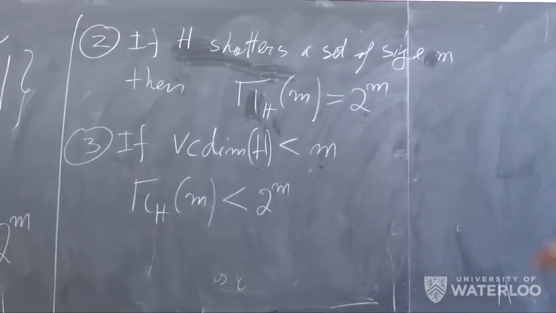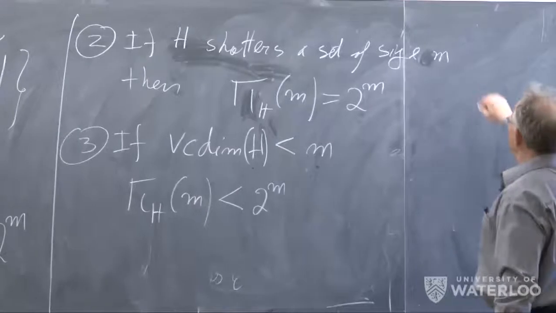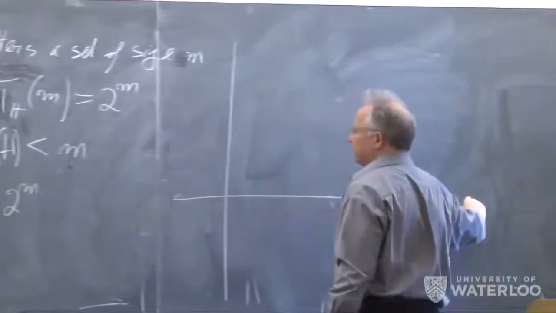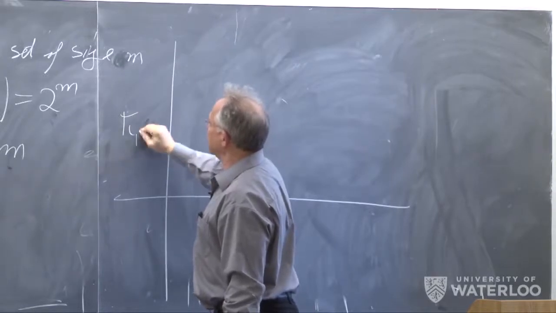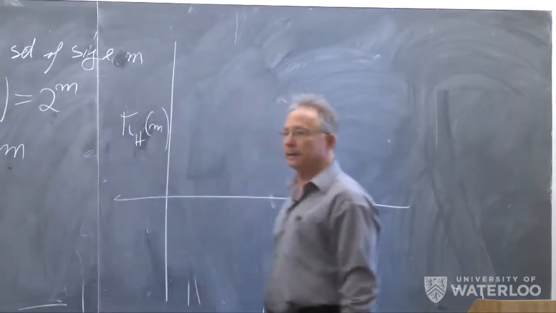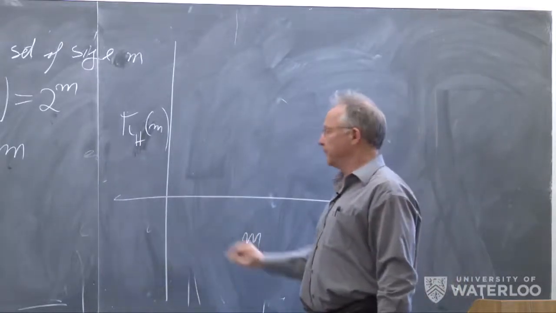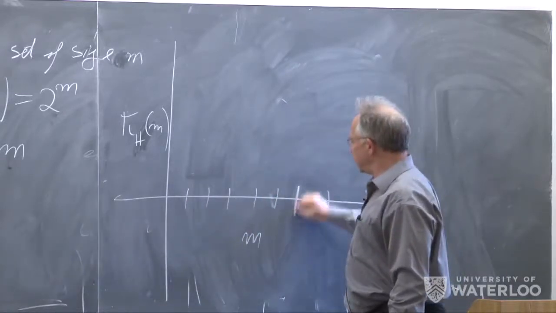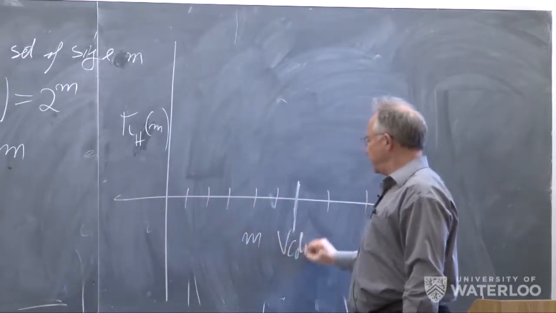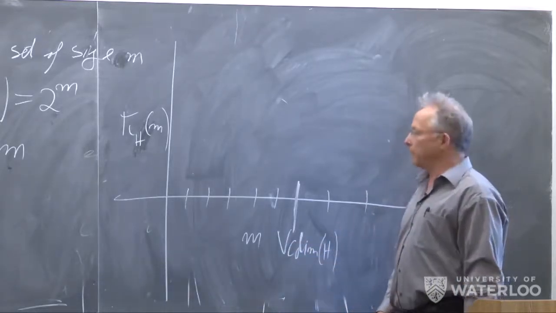So we see that it is very related to the VC dimension. If we try to draw it in a graph, here I'll have Pi_H of m, and here I will have m, and say this is the VC dimension of H. Then what do I know?